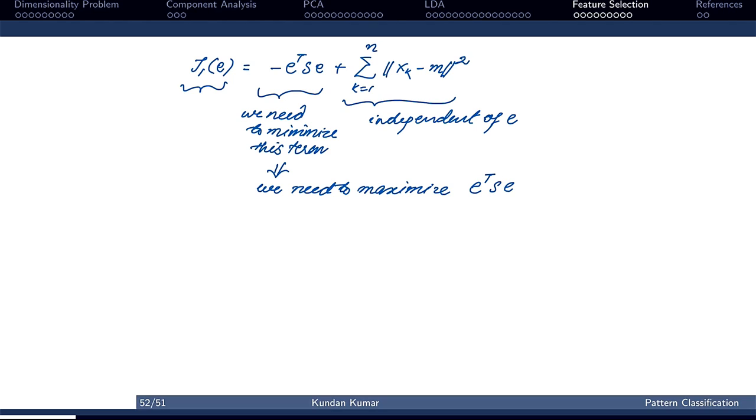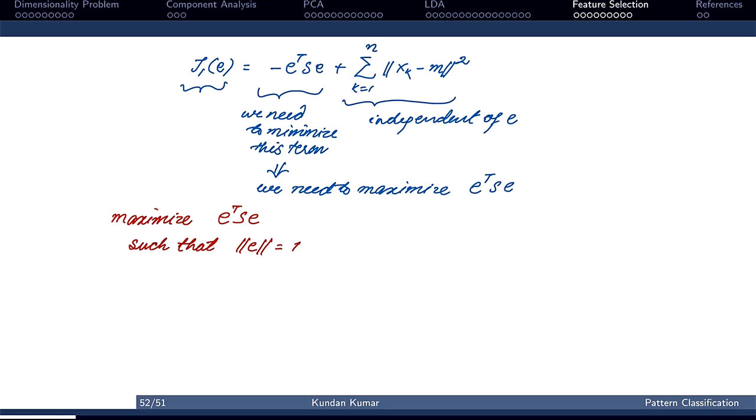So we can formulate a maximization problem: maximize E transpose S E such that the magnitude of E is 1.